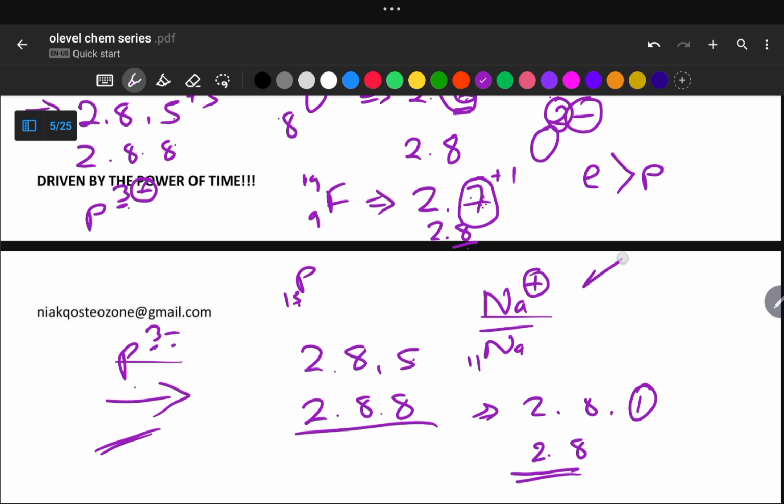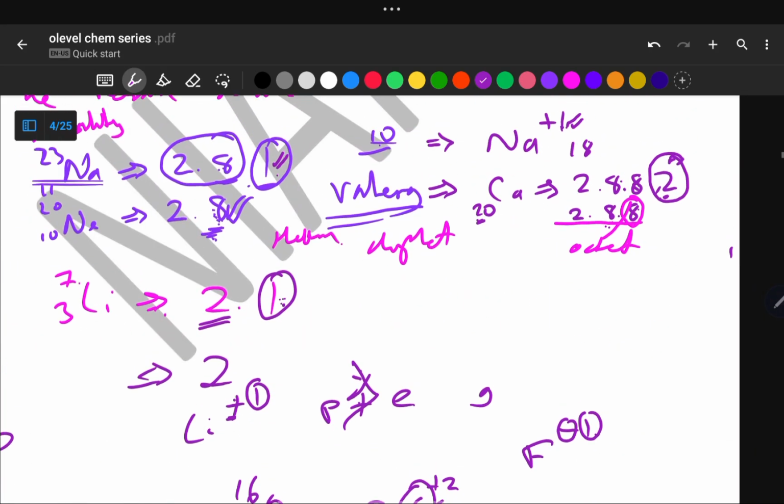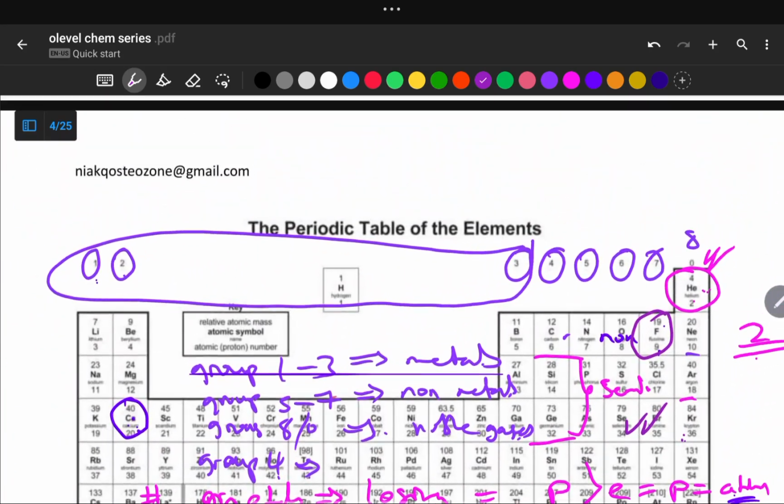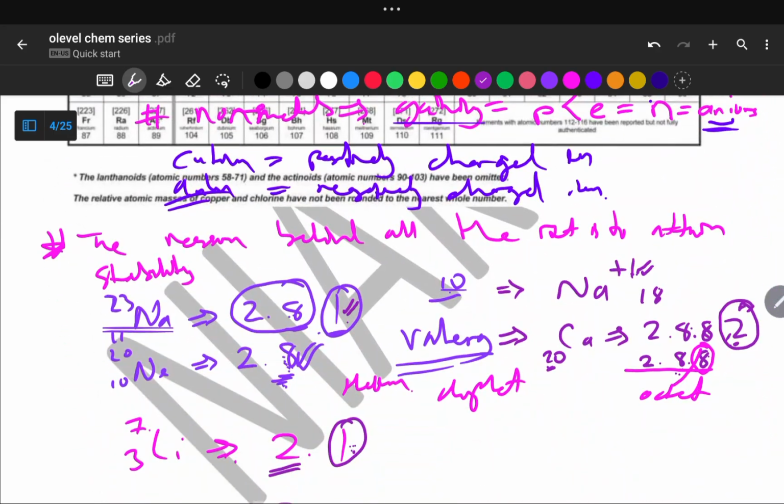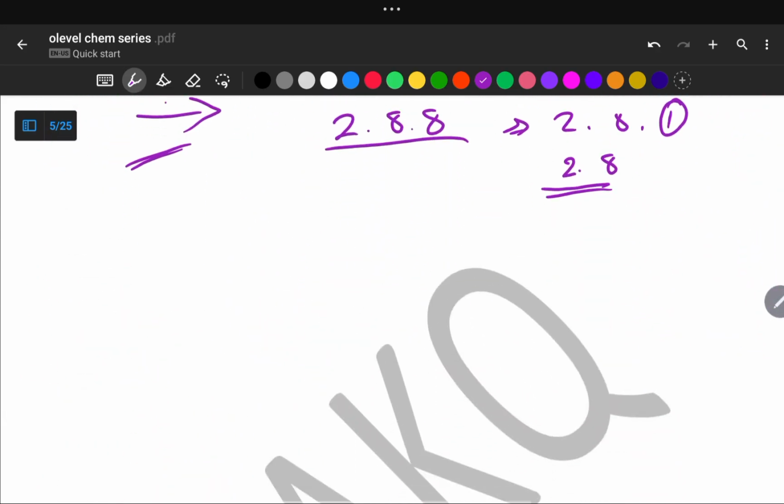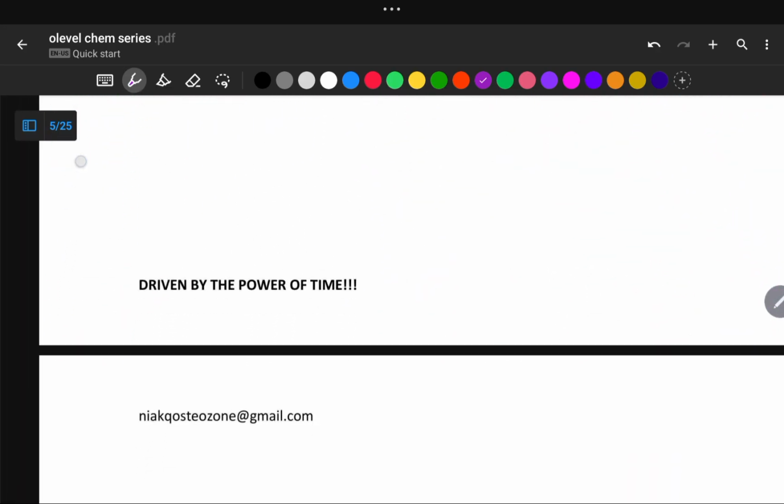So these are the cations, and these ones are the anions, the positively charged and the negatively charged ions. As simple as that. So we have introduced you to how to write the nuclear notation and how to write the chemical formulas for the ions. And I think for now you are good to go. We're going to discuss in the next session how to write the chemical formulas, right?